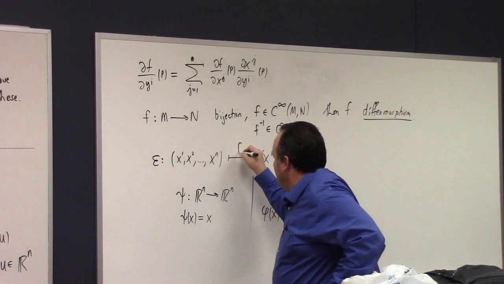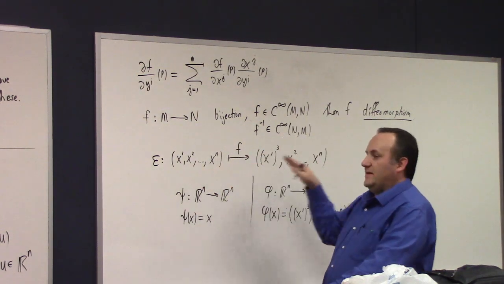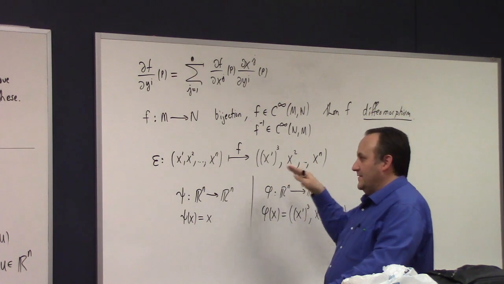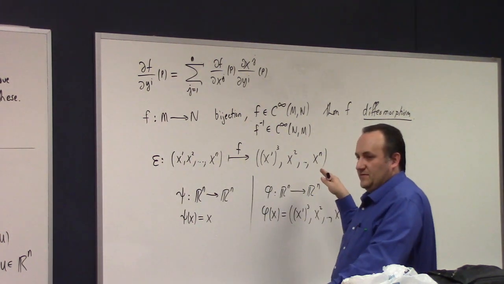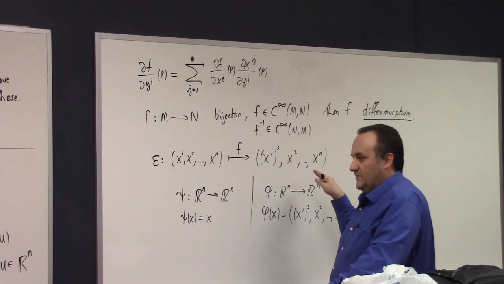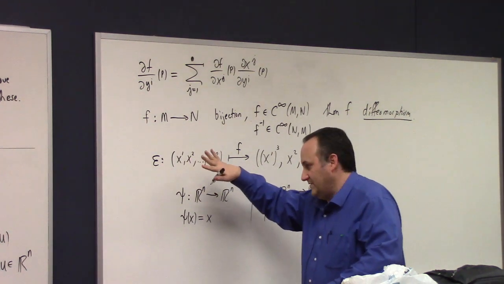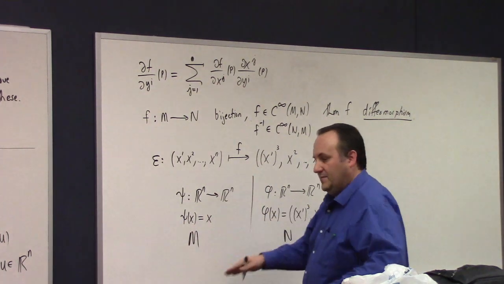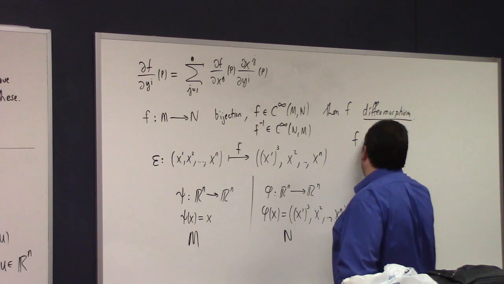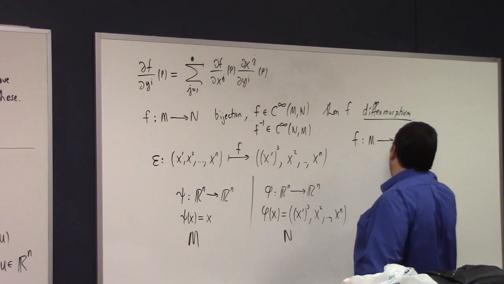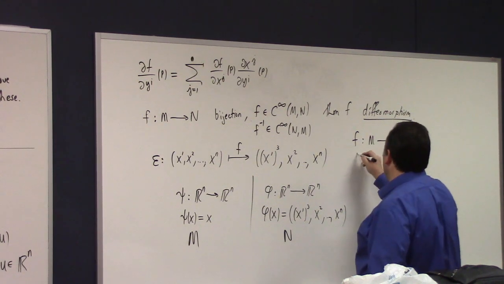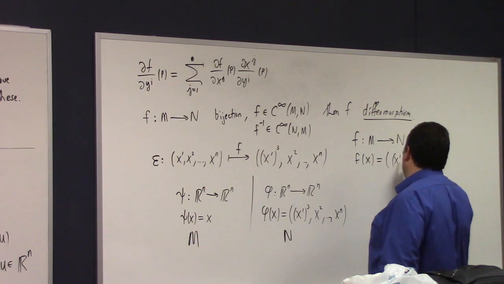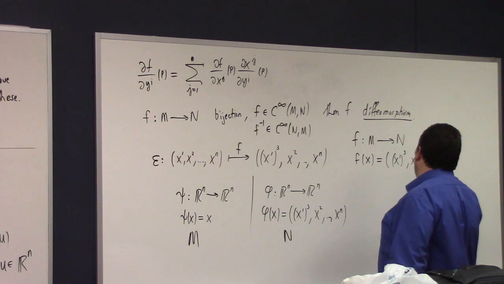So allegedly, this right here defines a function from R^n to R^n, where we look at the local coordinate representatives with respect to the charts: this defines M, this defines N. This is the chart for M, the chart for N. F maps from M to N, where F of x is equal to x1 cubed, x2, ..., xn.